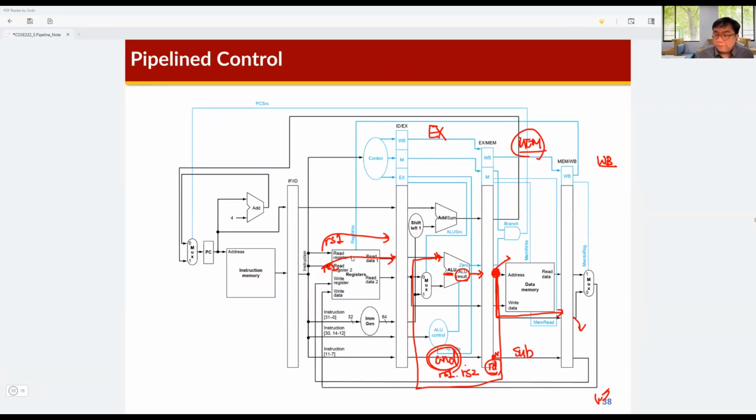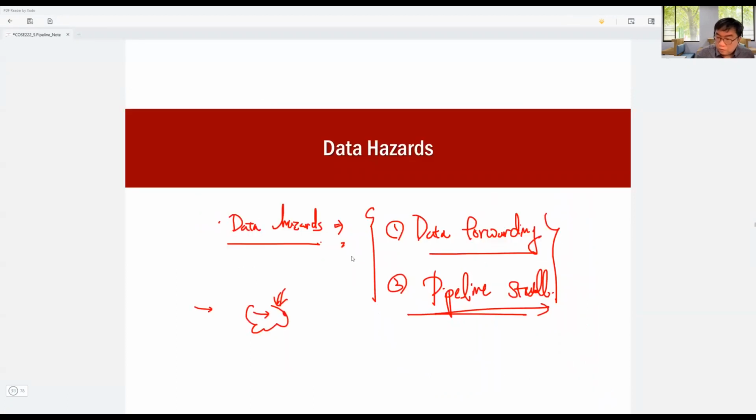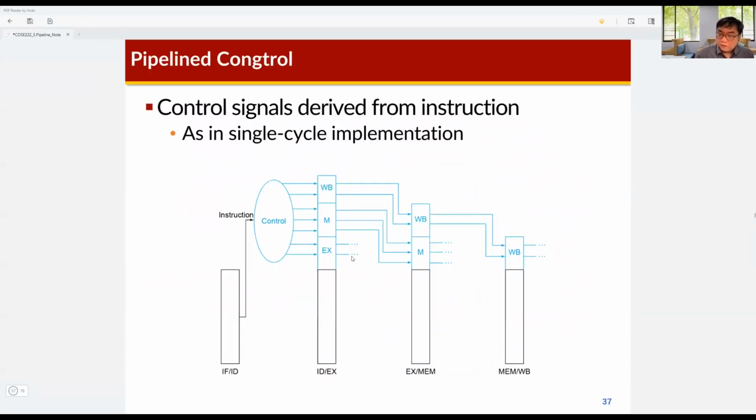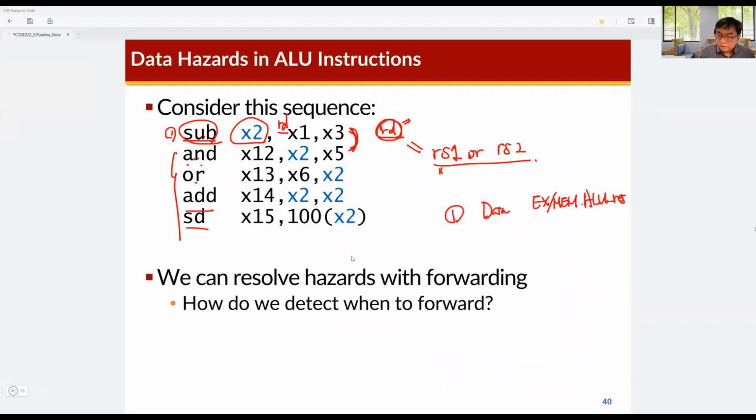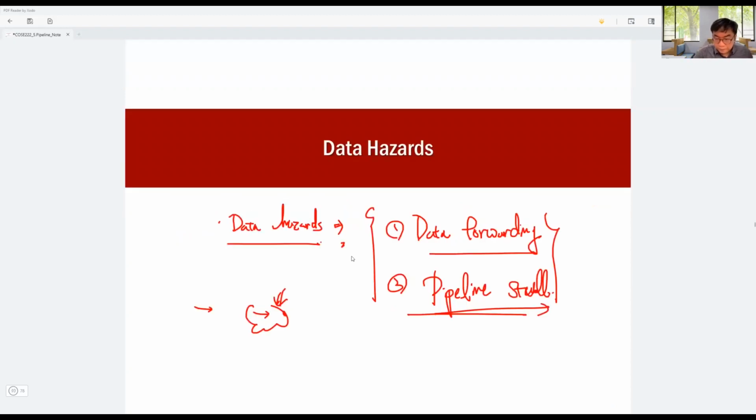So this data should be forwarded, and we need to check the RD of this sub instruction against RS1 or RS2 of the AND instruction, which is the very next instruction.